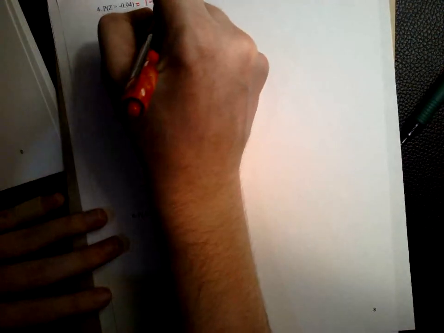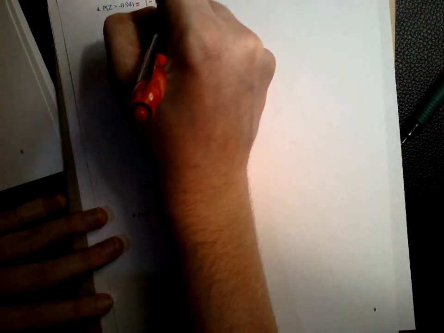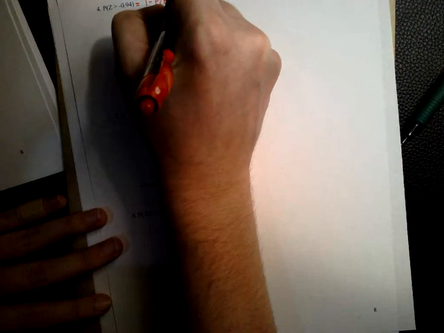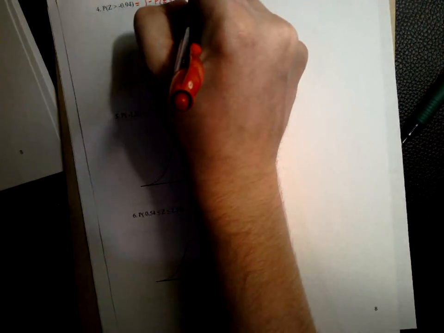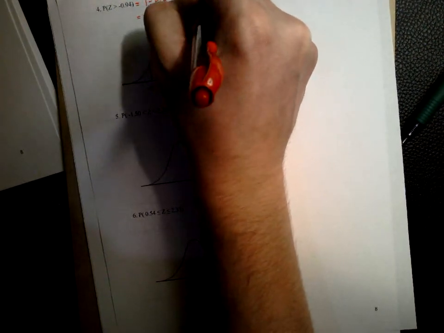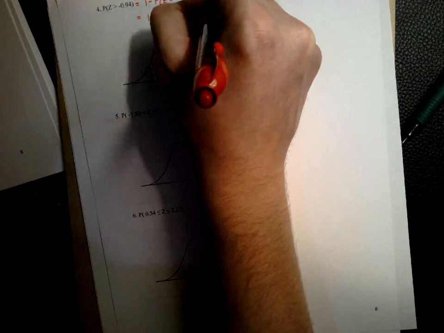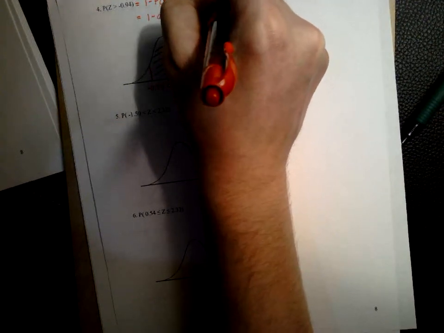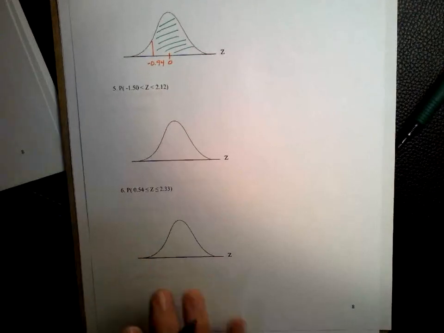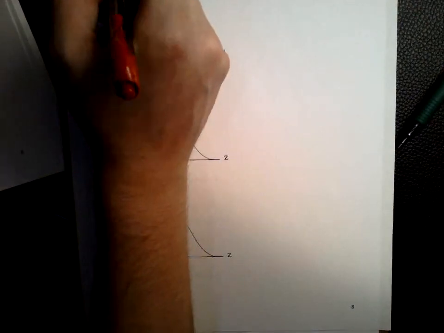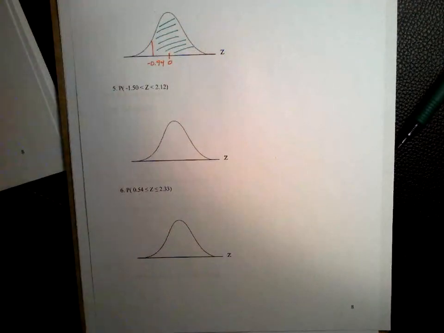So we have 1 minus 0.1736, and that will give us the final answer of 0.8264. So we've talked about whenever z is less than or equal to some value and greater than or equal to some value. So we know how to do that now.